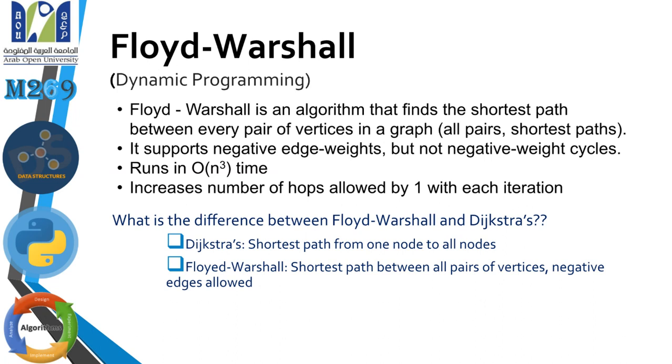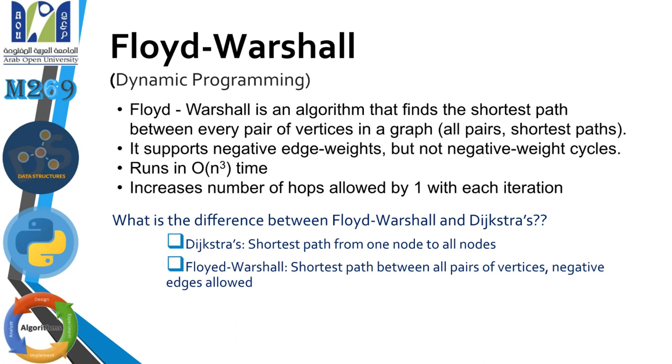Now, the thing that distinguishes Floyd from Dijkstra is that it can support negative weights. What we have seen in Dijkstra is that all the weights on the graph were positive weights. Now we are going to deal also with negative weights over the edges, which connect two different vertices.